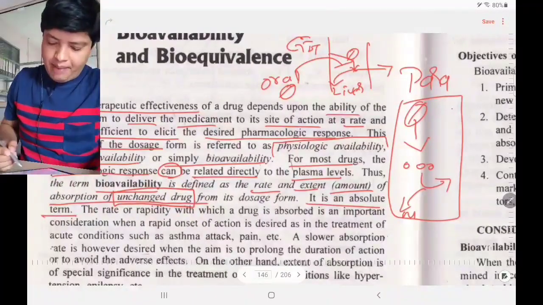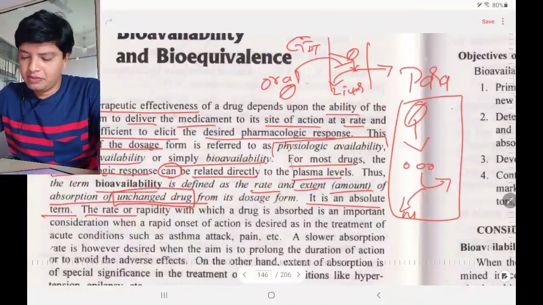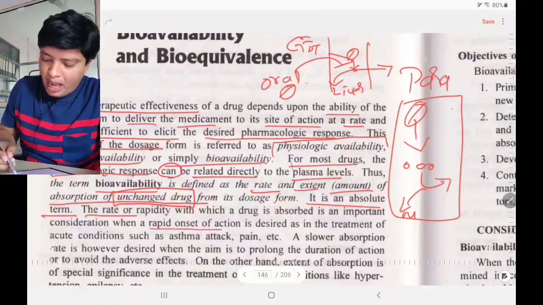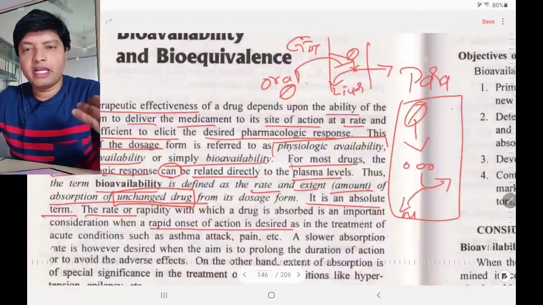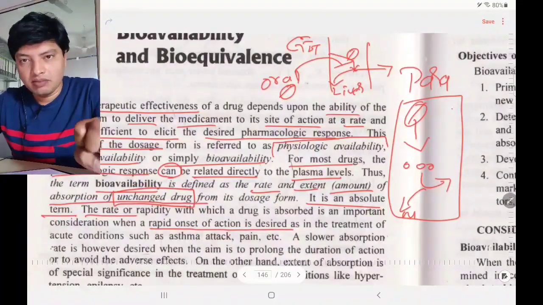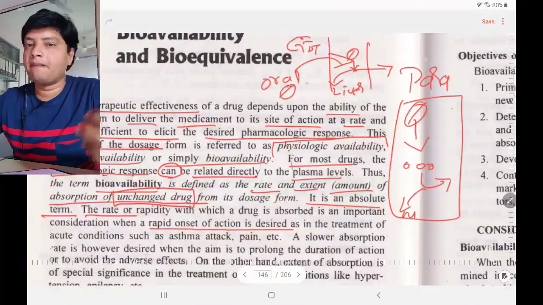The rate or rapidity with which a drug is absorbed is an important consideration when rapid action is desired. So when you want the action to be very quick, at that time the rate and rapidity of drug absorption is very important. That's what we are going to find out in bioavailability.